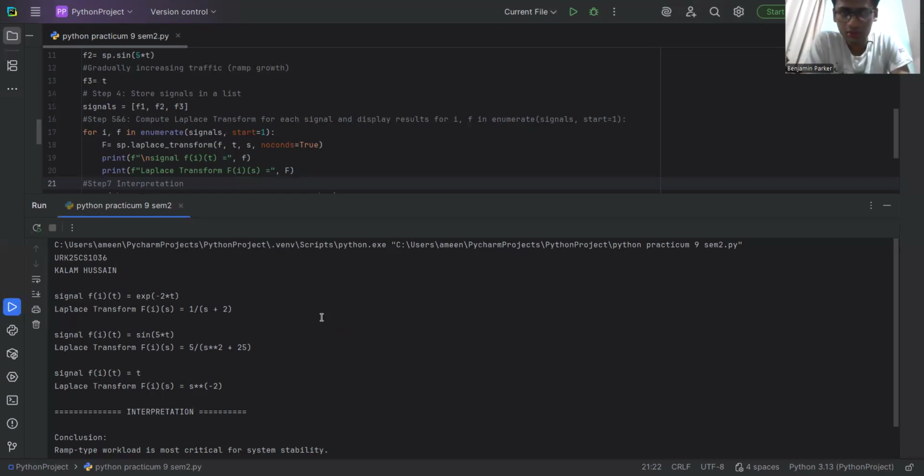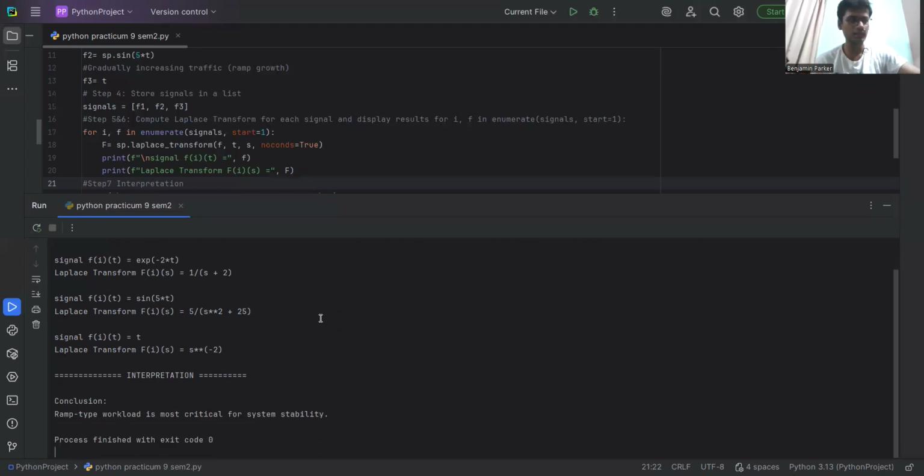The third one is f(t) equal to t, and the Laplace transform is s to the power minus 2. We interpret the conclusion that the RAM type workload is the most critical for system stability.